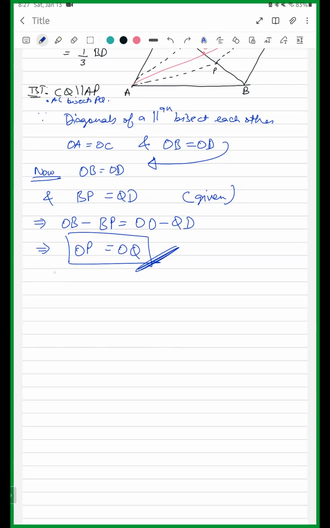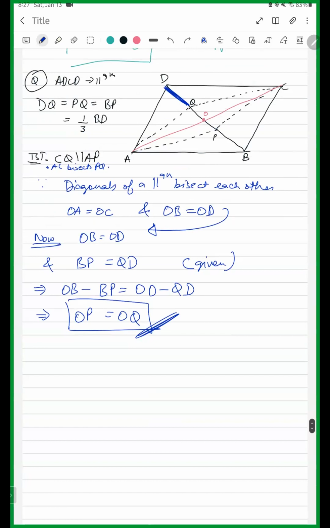And see one more thing, this quadrilateral over here, let me color it. The quadrilateral APCQ, this quadrilateral. In this quadrilateral, it has two diagonals, right? Let me just redraw this. Two diagonals. One is PQ and one is AC.